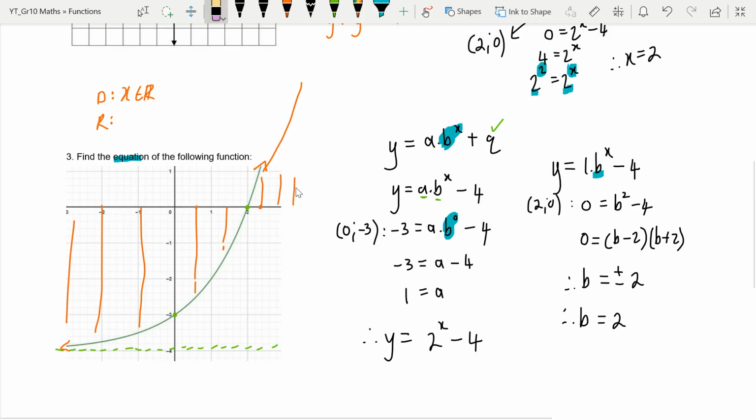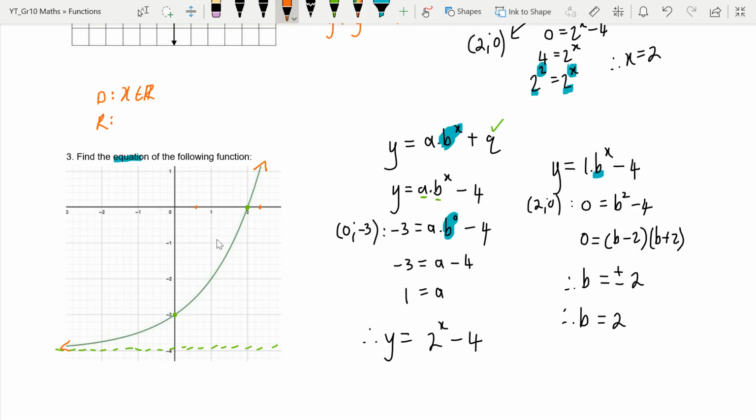Let's look at our range. Let's position ourselves on the y-axis, go towards the graph, and see if there are solutions. Solution, part of the range, solution, part of the range. If I go up, that will be part of the range. That goes up as I go up.